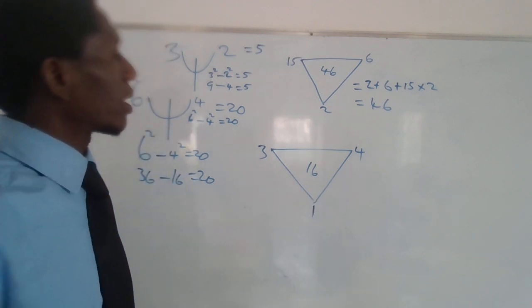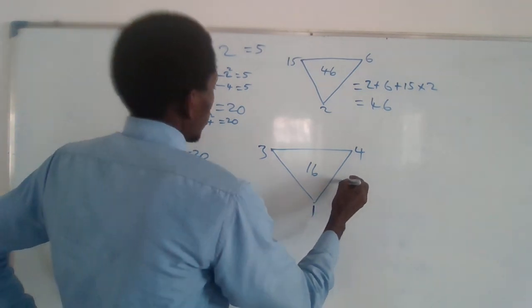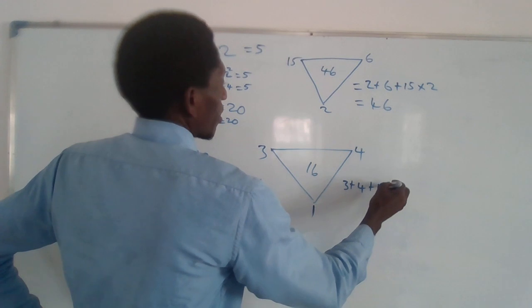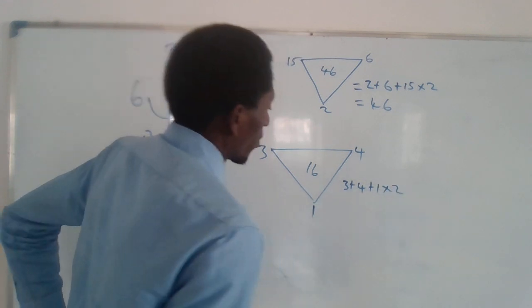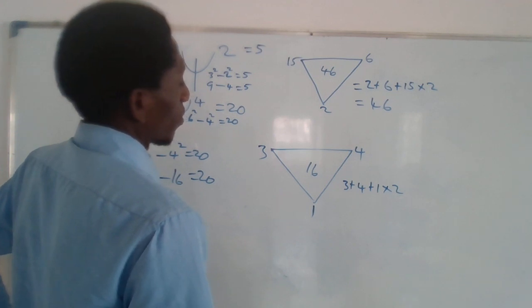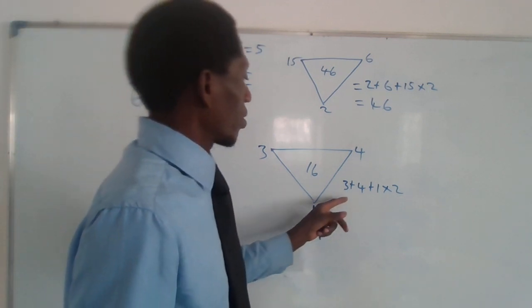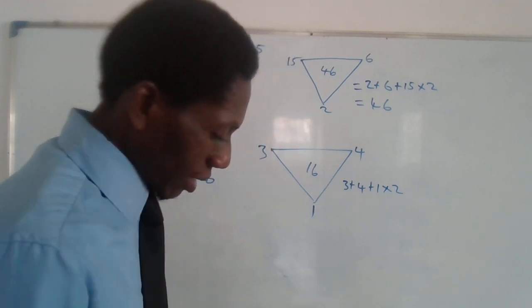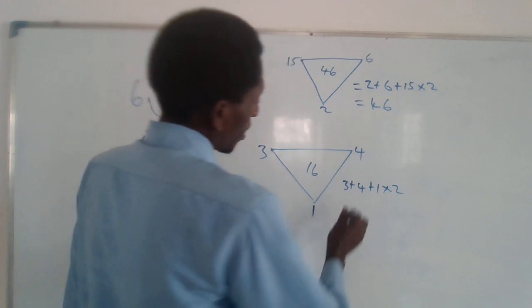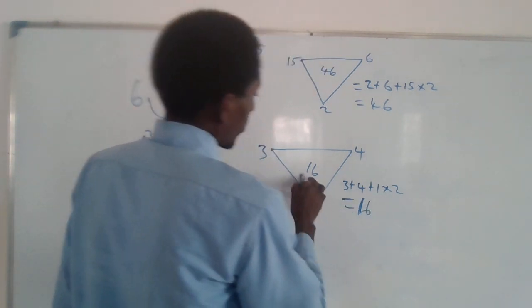Now, I can still do the same. If I say 3 plus 4 plus 1, then times 2, I am still going to have the same answer, which is the 16 in the box.